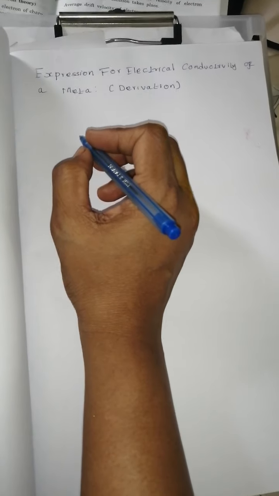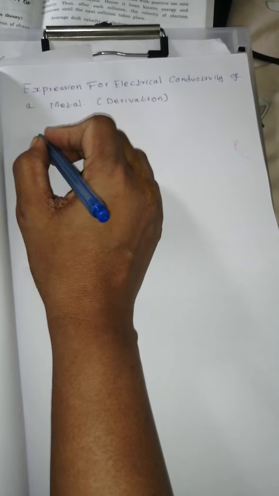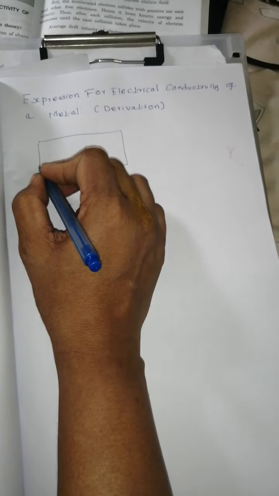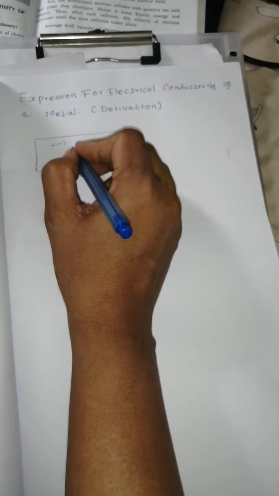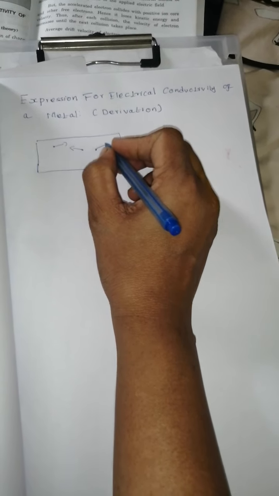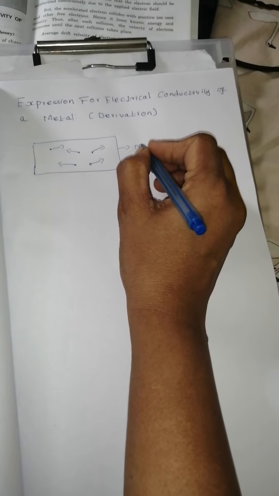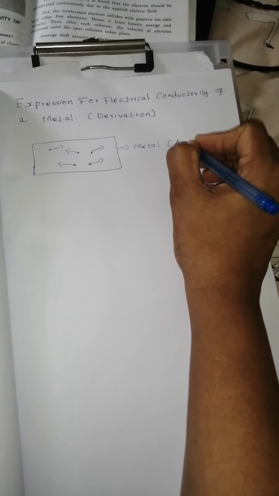For this, you have to assume a metal. You can see this is a metal. You can take any metal, either gold or silver or copper, any metal.